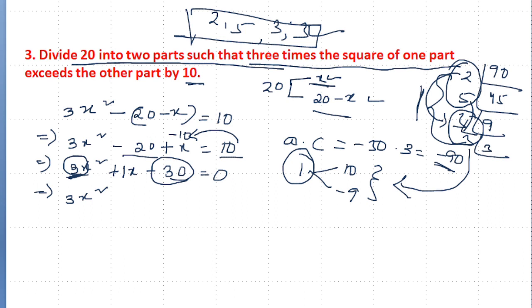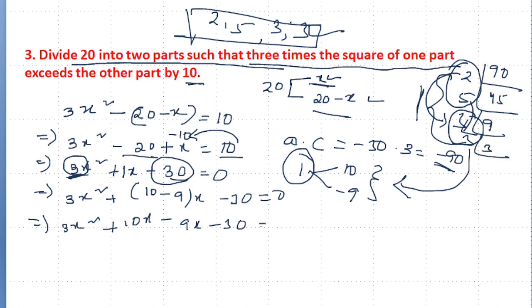Recall it, then now put it in the place of 1. In the place of 1, I will put 10 minus 9. So plus 10 minus 9 into x minus 30 equals to 0. Now here 3x square plus 10x minus 9x minus 30 equals to 0.